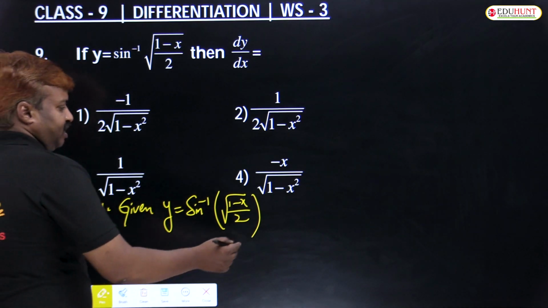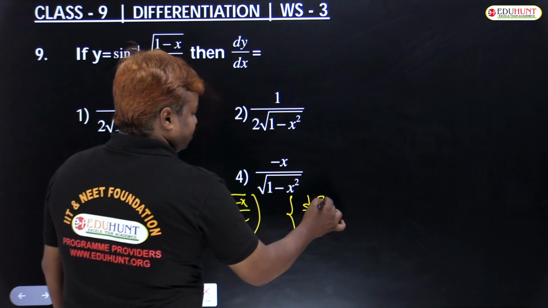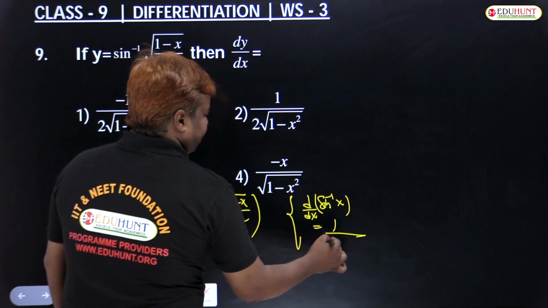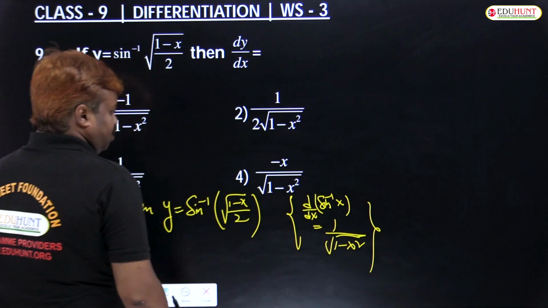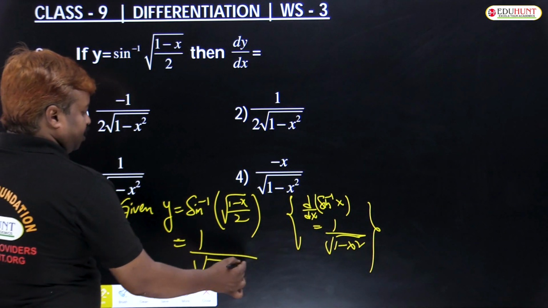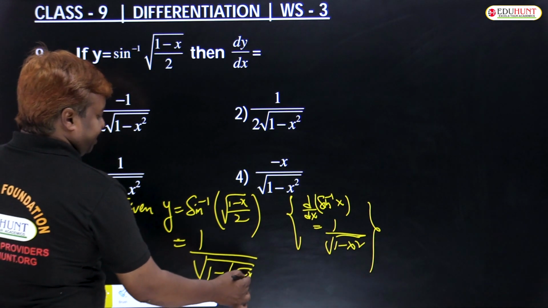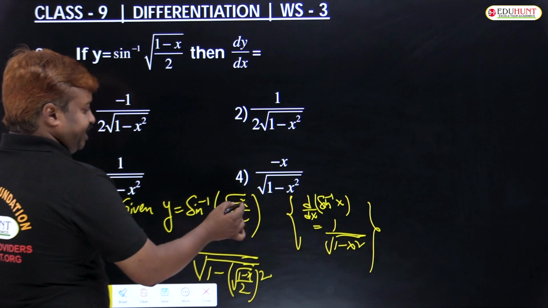What is the formula of d by dx of sin inverse of x, children? It is 1 by root over 1 minus x square. Now here 1 by root over 1 minus root over 1 minus x by 2 whole square. So you have to imagine this value as x.